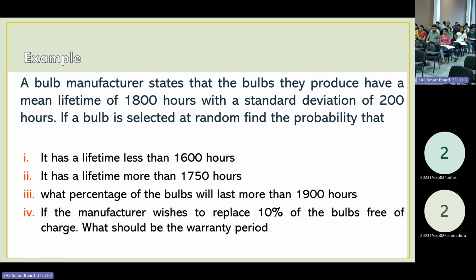You have to know that lifetime, income, expenditure, marks are normally distributed variables. So here lifetime is a normally distributed variable. Even if it is not given, we have to take it as normal. Then mean given, standard deviation given. So we define the variable first.